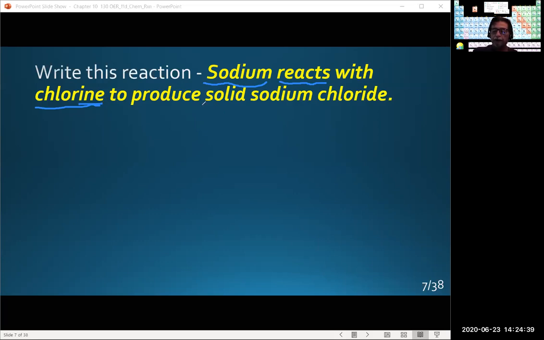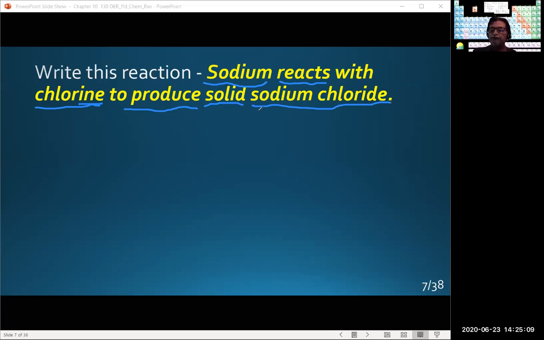Then they say produce, which generally is the key to tell you that's the arrow pointing from left to right. To produce, and then they tell you solid, which is the physical state, and then we've got sodium chloride. They're talking about nothing aqueous here because they tell you solid sodium chloride.